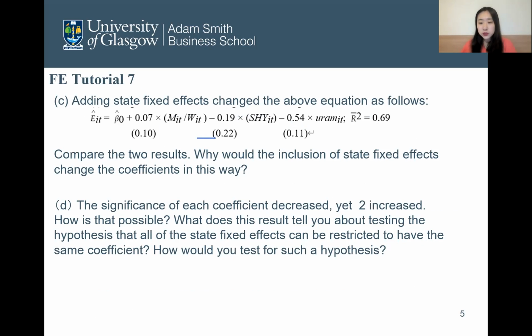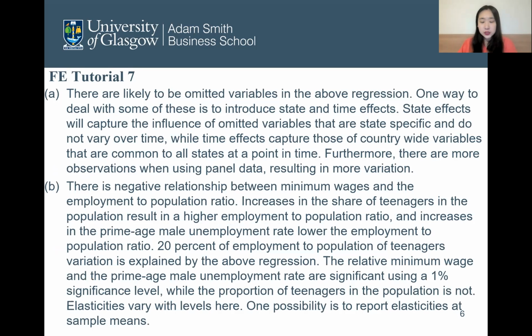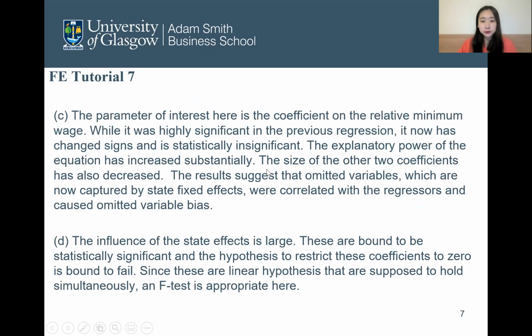How would you test for such a hypothesis? So for question D, we need to set up and show how you do the hypothesis test. And for the first one, we just need to explain why the results changed.